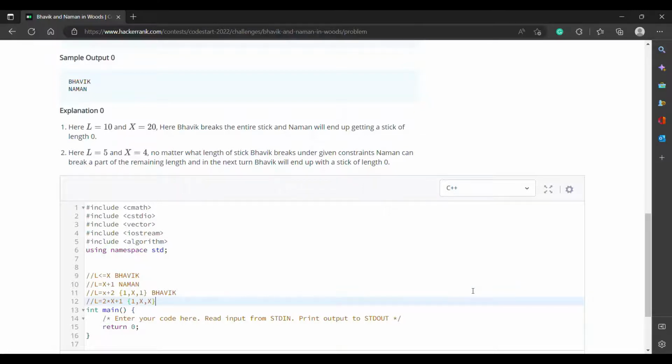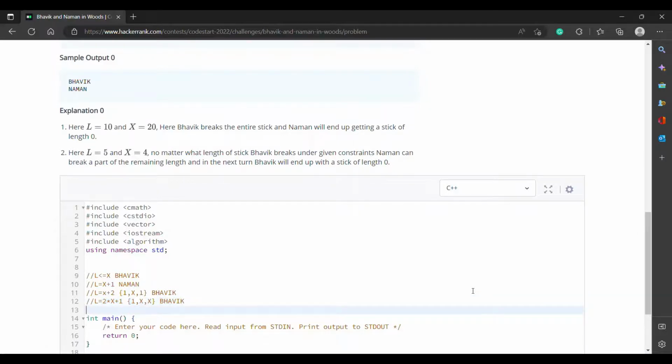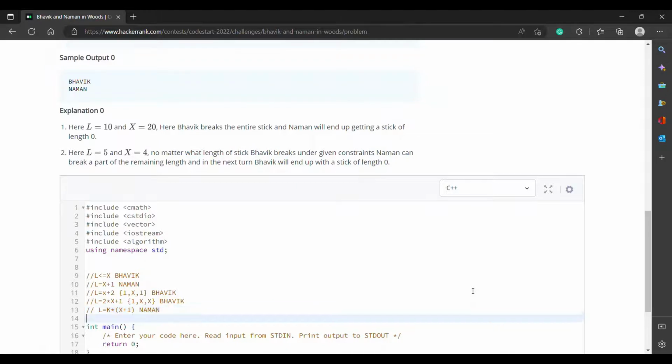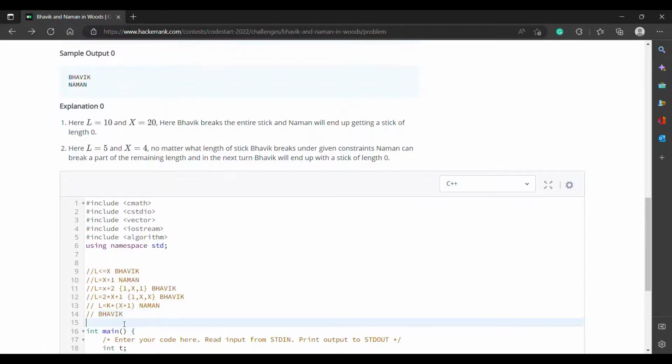So again in this case Bhavik will be the winner. So from this we can conclude that whenever the length of the stick is an integral multiple of x plus 1, in that case only Naman will be the winner. And in all other cases the output should be Bhavik, as Bhavik will be the winner.